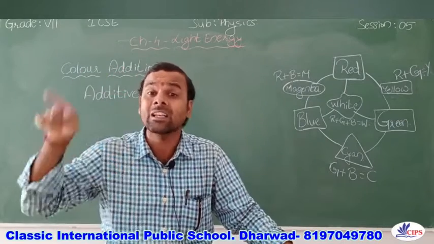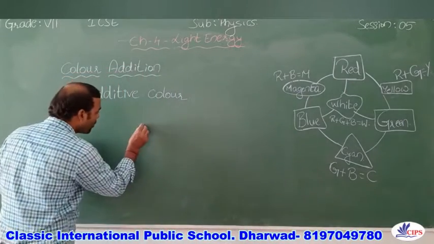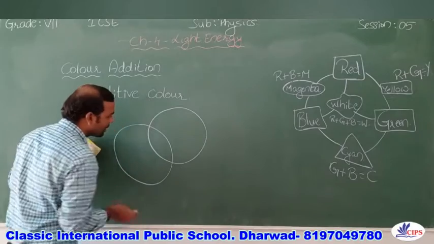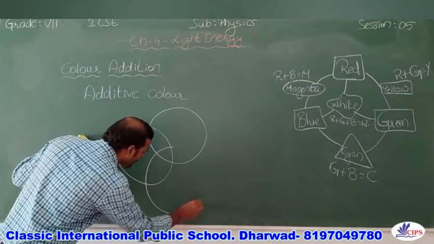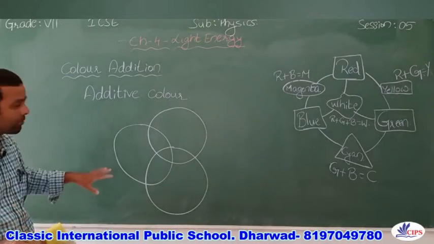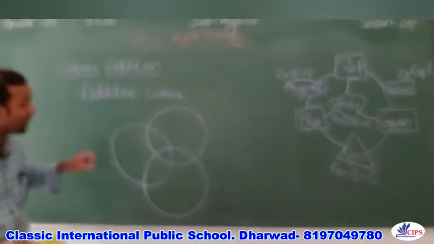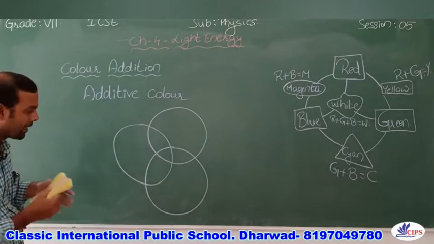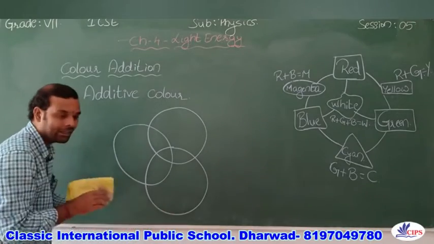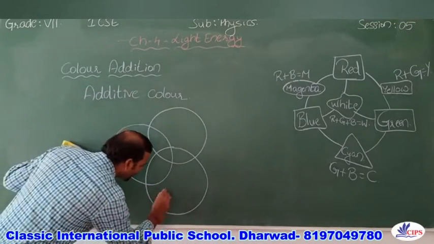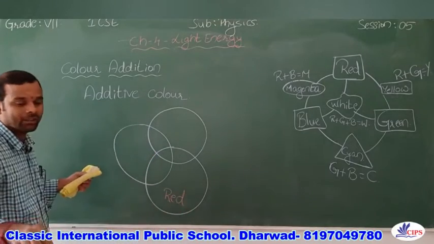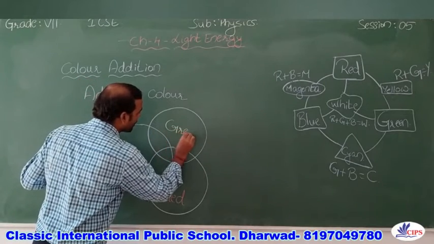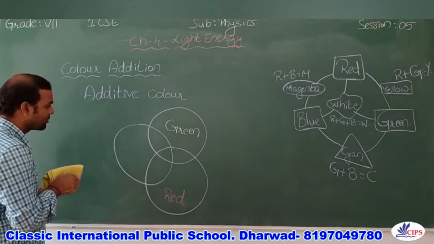Spotlights are circular in nature, right? So here we are observing three spotlights which fall on the ice and overlap in this manner. Let us consider this to be red, this is green, and let this be blue.